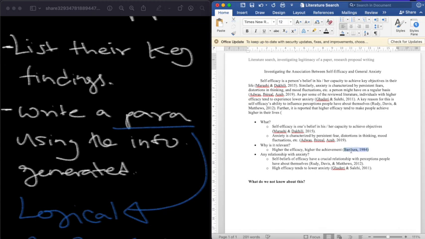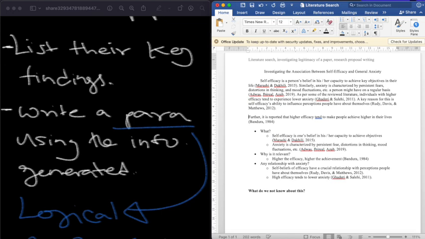Okay, you can write like this. If not, what you can do is you could say, here's another way of writing.